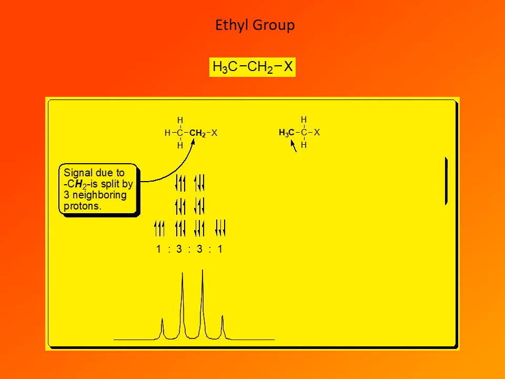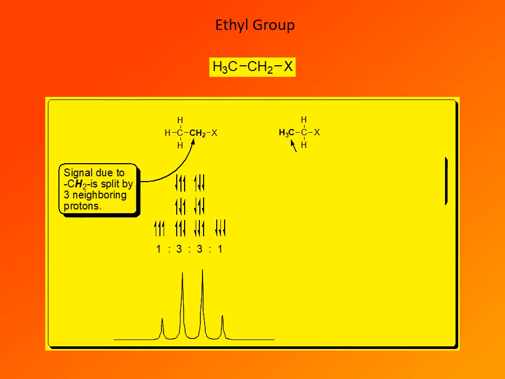So the signal due to the CH2 group is going to be split into 4 small peaks. It's going to exhibit multiplicity that is called a quartet. And those signals will have intensities of 1 to 3 to 3 to 1. The separation between individual peaks is constant regardless of the instrument we use, regardless of the strength of the magnet. And it's called the coupling constant. That's because it is a phenomenon that is called coupling, and constant because it does not depend on the instrument that we are using.